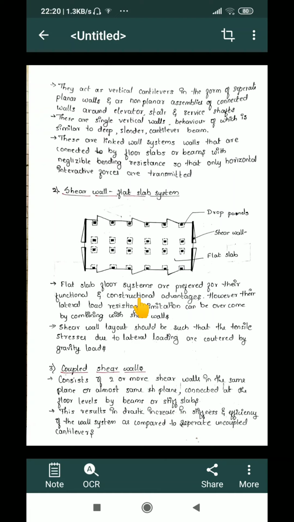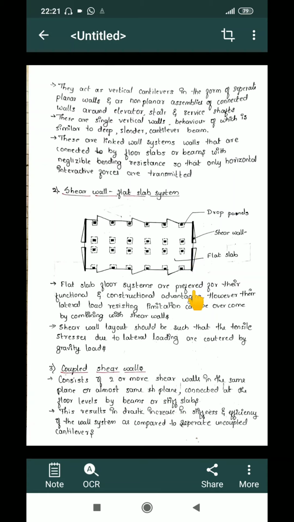So to overcome this, we can combine a flat slab system with a shear wall system. Flat slab will be advantageous in functional as well as construction aspects, whereas the shear wall will carry the lateral loads which are applied on the flat slabs.